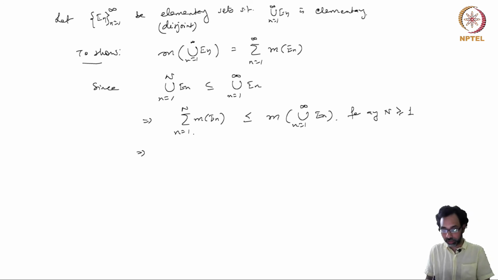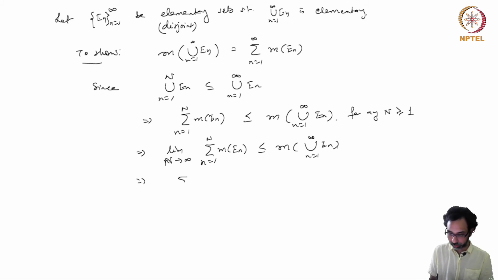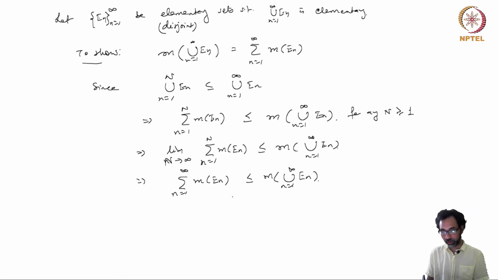Here we have used the fact that the elementary measure is finitely additive on disjoint sets. Now take the limit as capital N tends to infinity: the sum from n equal to 1 to N of M(En) is less than or equal to M of the union. The limit is nothing but the whole sum. So we get the inequality on one side.